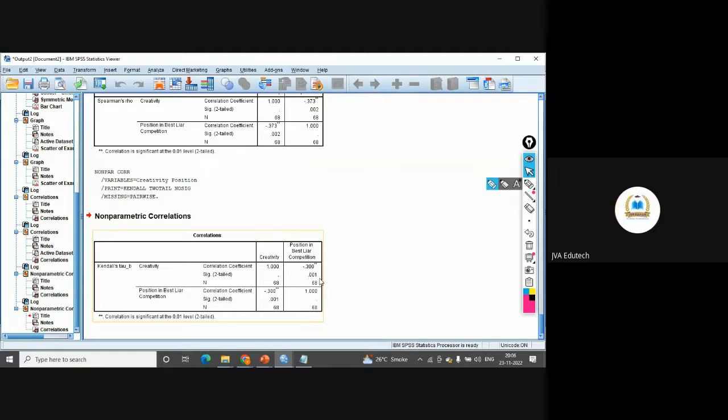The only thing you have to keep in mind is if one of your variables is in the form of an ordinal rank. First, if both your variables are categorical, then of course you have to go for chi-square. If both are continuous, then you have to go for Pearson.